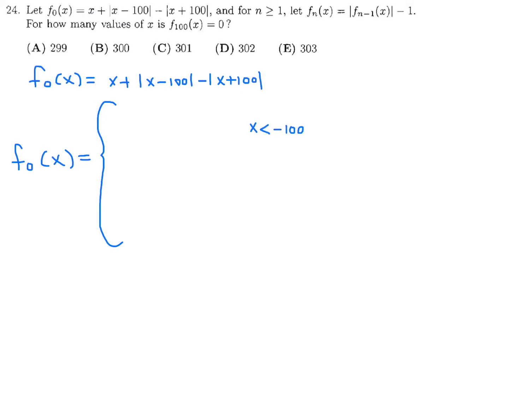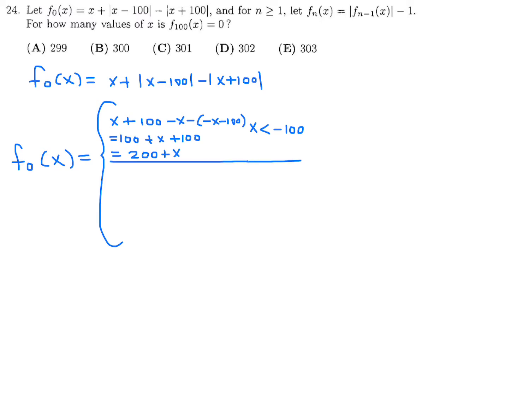When that happens, it will change this expression. We have to drop the absolute values to get an understanding. It will be x plus 100 minus x minus 100, so that becomes 100 plus x plus 100, and that is equivalent to 200 plus x.